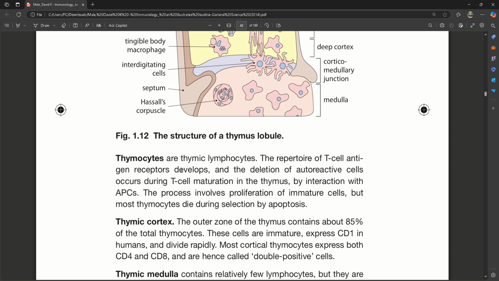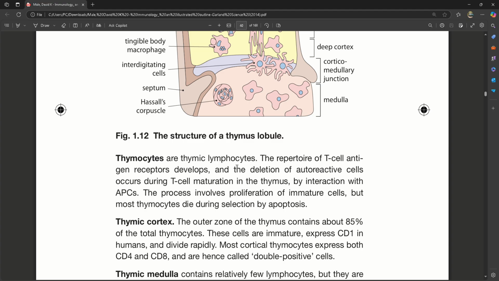Thymocytes are thymic lymphocytes. The repertoire of T cell antigen receptor develops, and the deletion of autoreactive cells occurs. Autoreactive cells means those cells which are reacting with the self antigens or self proteins. They have to be removed from the system.